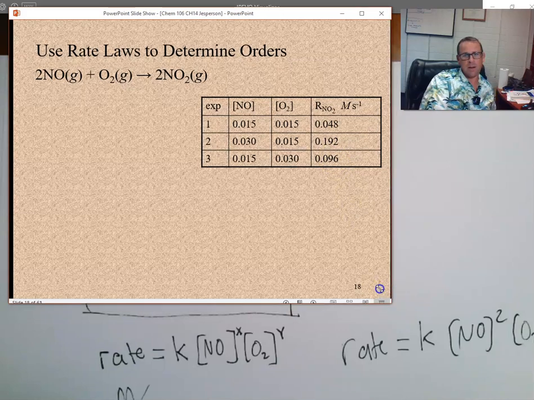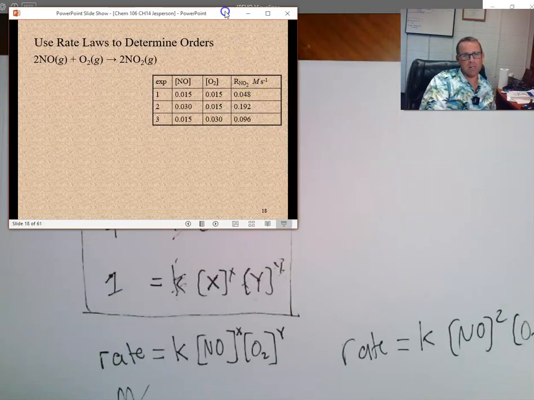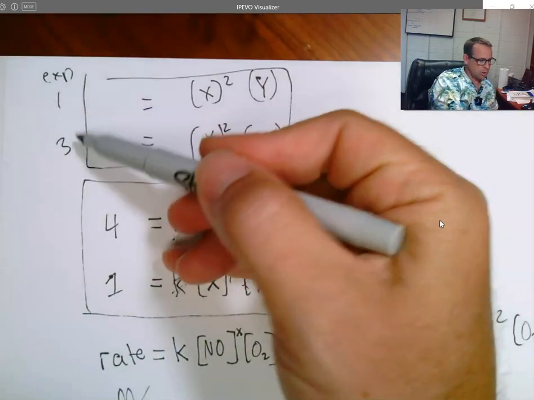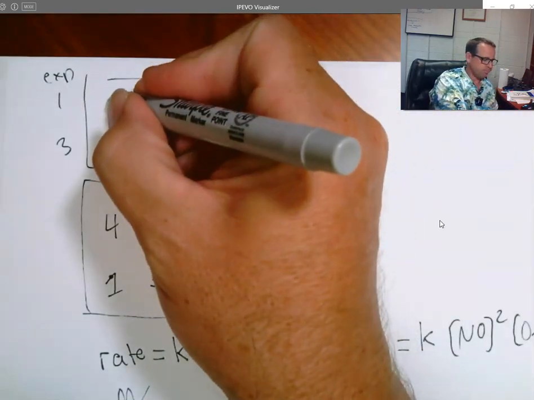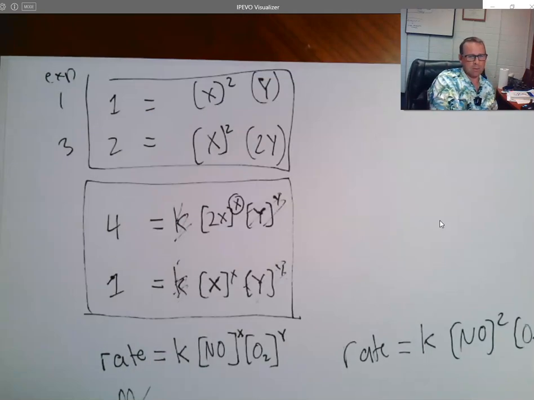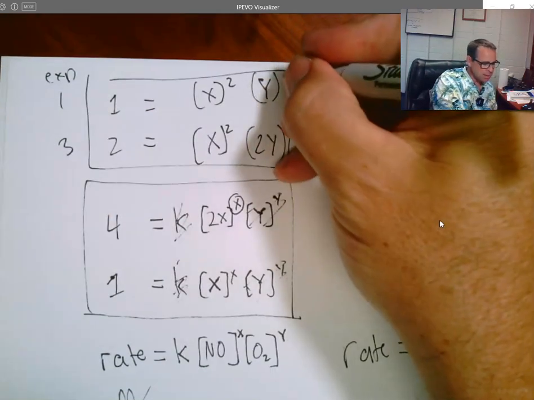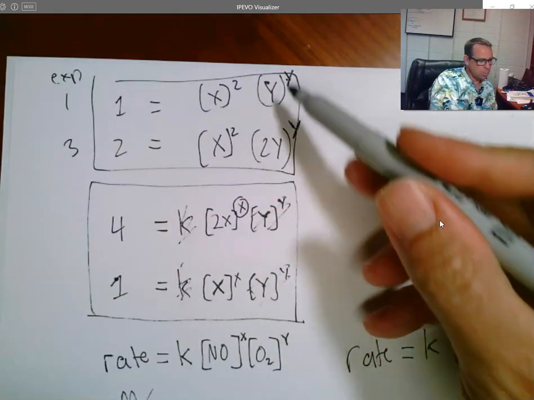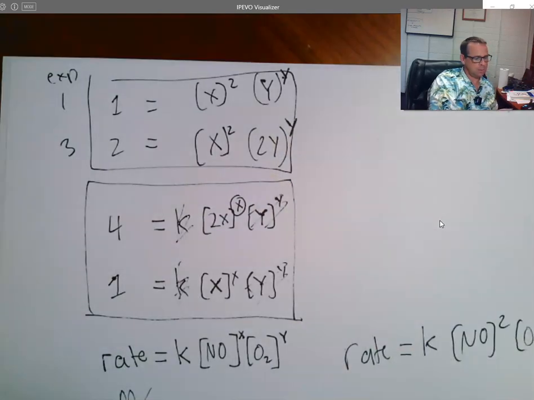It not just gets higher, it doubles, right? So from 1 to 3, the rate went from, we can choose whatever value we want, say it doubled. And so what does that tell us about the exponent on y then, Camille?